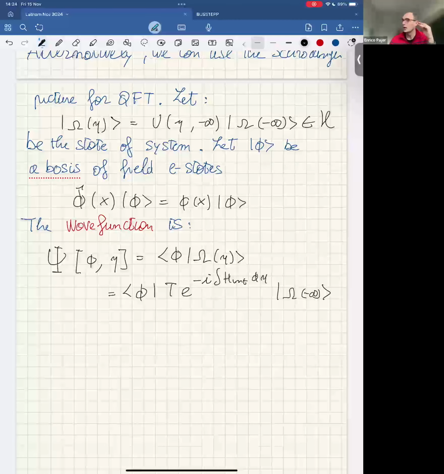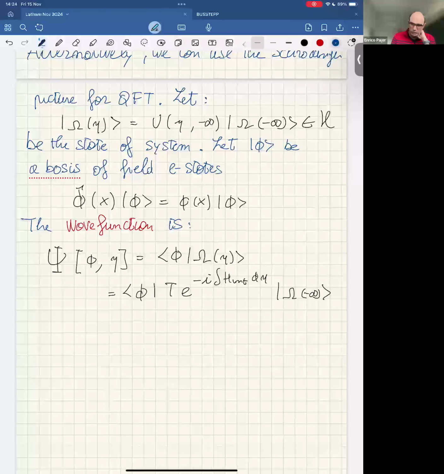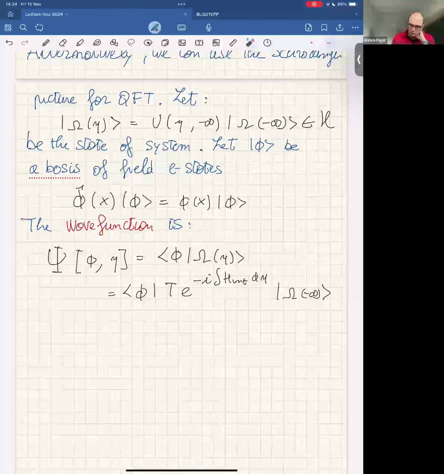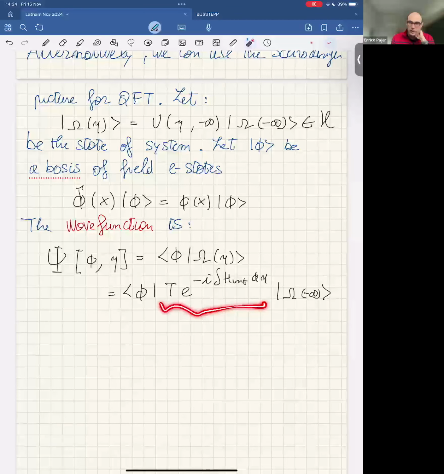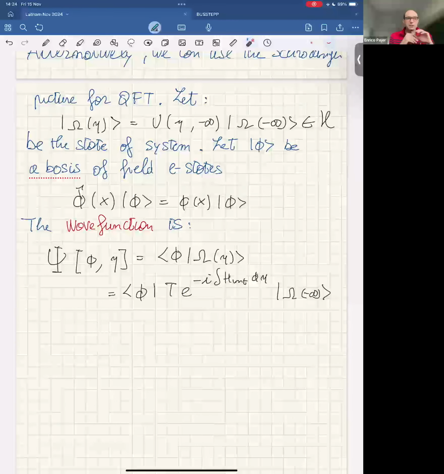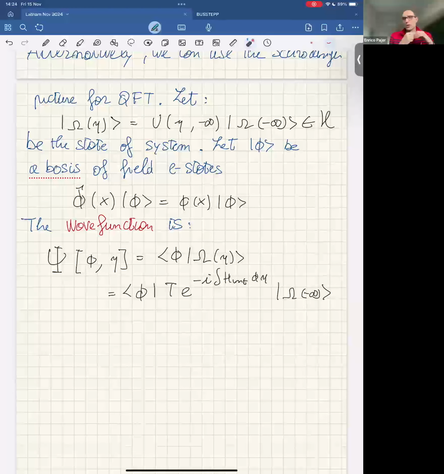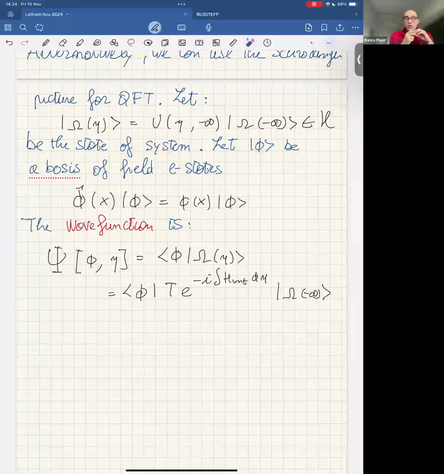Luckily for us, we know this time evolution operator very well. This is exactly what evolves from one time to the other, and it is common to compute this using the path integral language instead of the operator language of quantum mechanics.